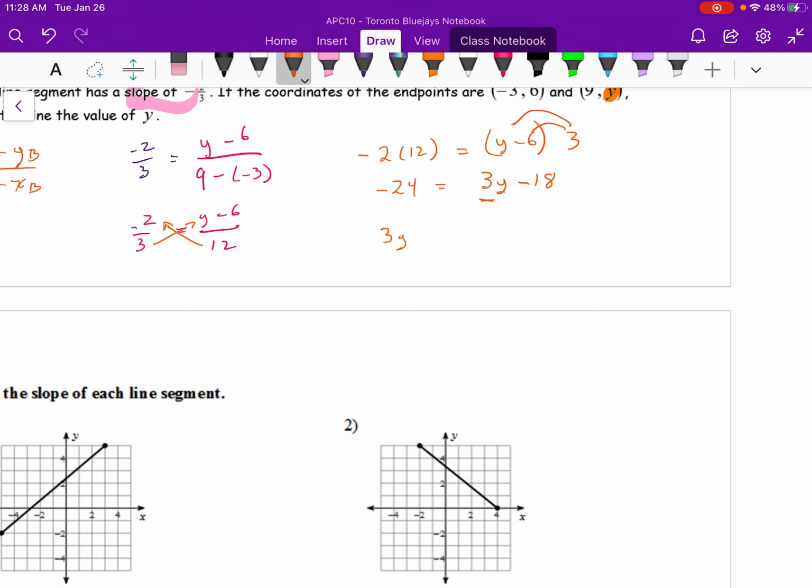So I'm going to rewrite this as 3y minus 18 is equal to minus 24. I just switched around the sides. If A is equal to B, then I can conclude that B is equal to A. You can just switch around the sides like that. No math operations needed.